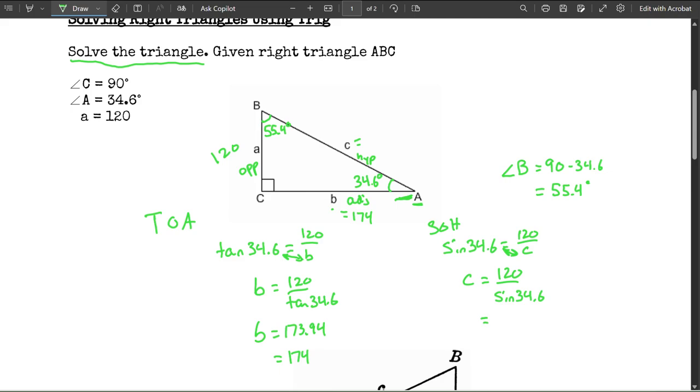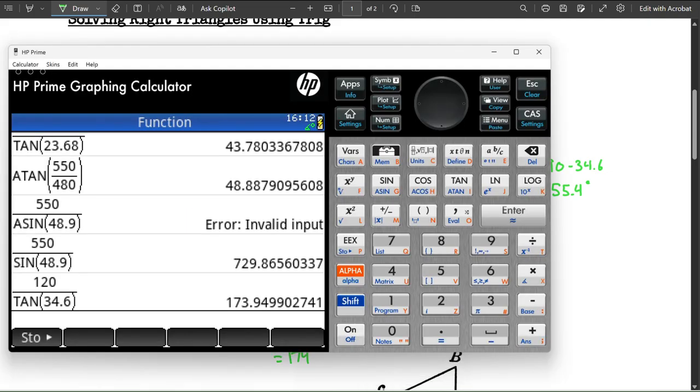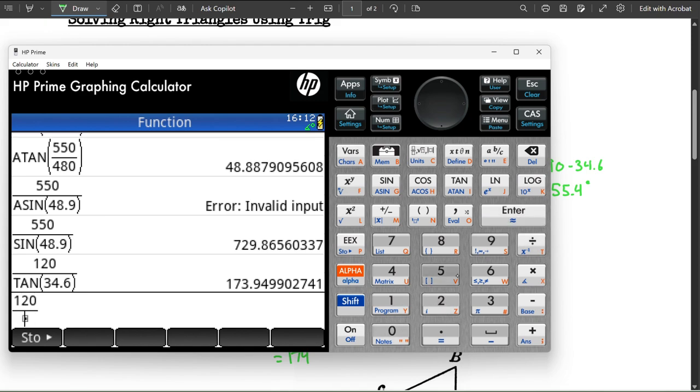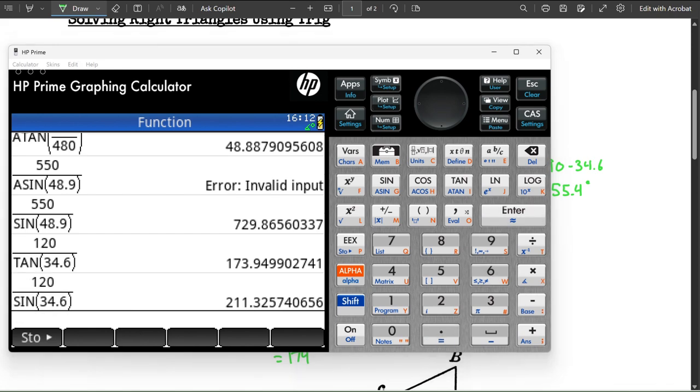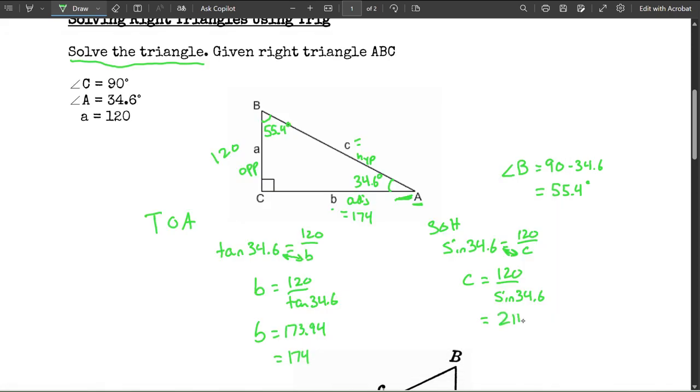And let's go ahead and do this on the calculator. It should be longer than either of the other two sides. So 120 divided by the sine of 34.6 equals 211.32. All right, and this time I would be fine to round down to 211, just for the sake of making it neat.